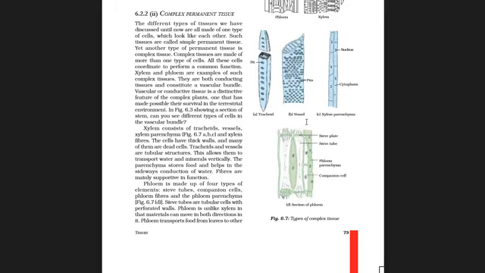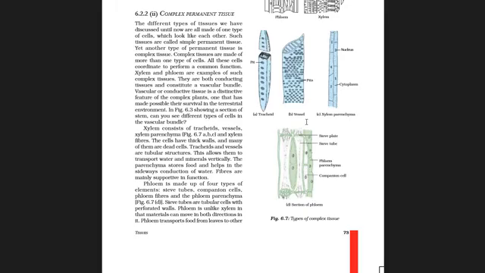The different types of simple tissues we have discussed are made up of only one type of cell. Whereas complex tissues are made up of more than one type of cell, which is the reason they are called complex tissues.